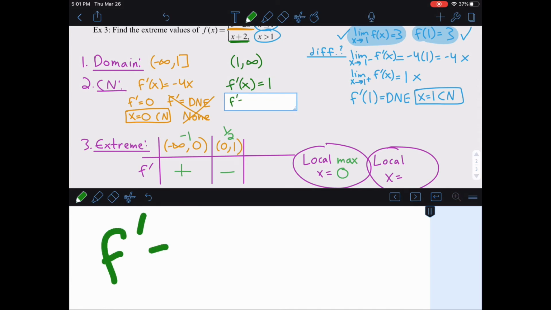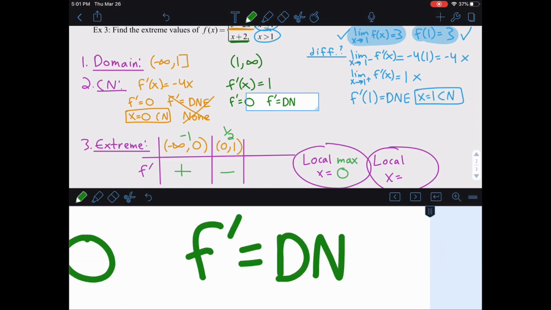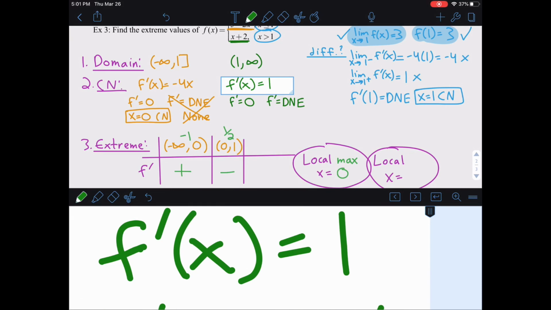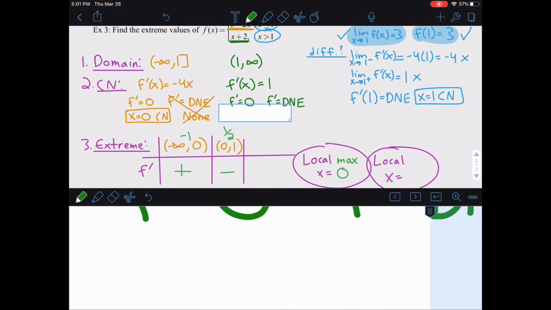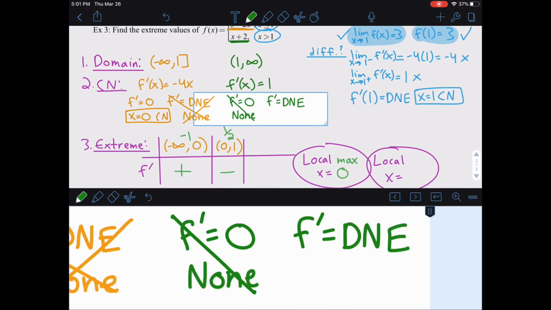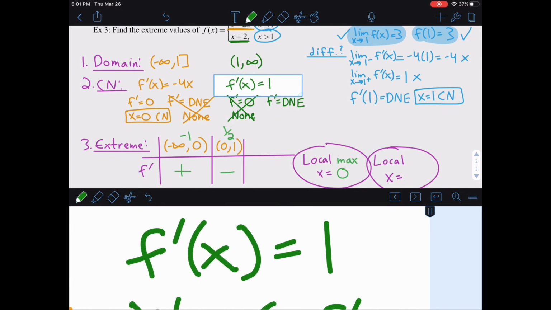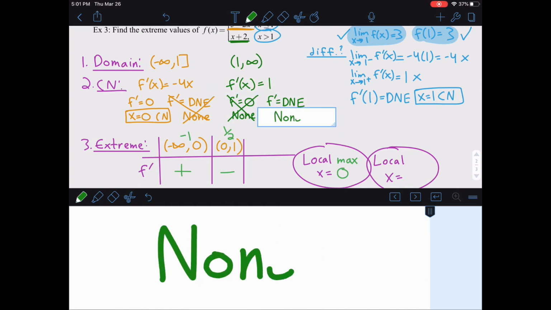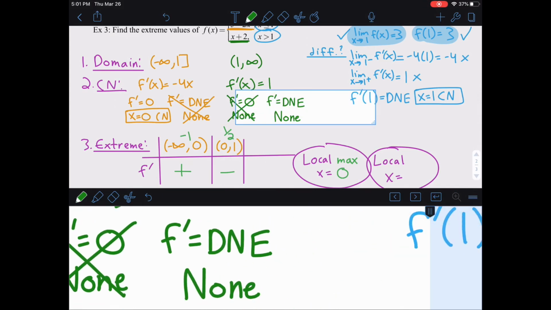And now, same thing, trying to make it equal to 0, trying to make it equal to does not exist. Okay, so now, if I want this derivative, which is just 1, to equal 0, is that possible? Nope, not possible. None from there, no critical numbers from that. Can I make 1 not exist? Nope, not possible. None from that as well.